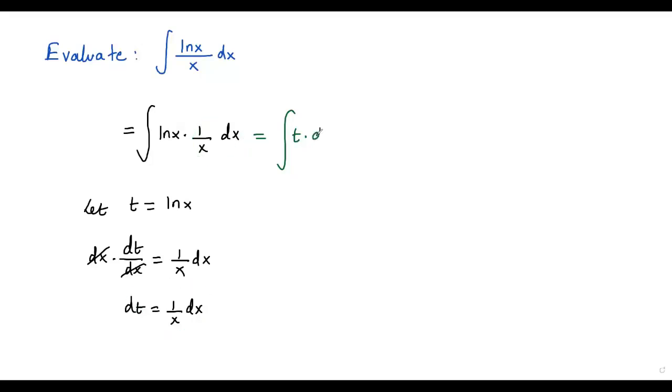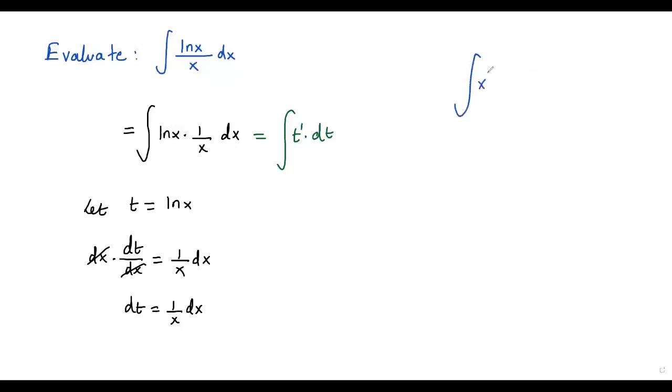So t times dt. Now it's a very simple integration. We have to integrate the variable t with respect to t. What is the exponent of this t? There is no exponent written for t, so we have to assume it is 1. To evaluate this integration, we can use the power rule of integration.